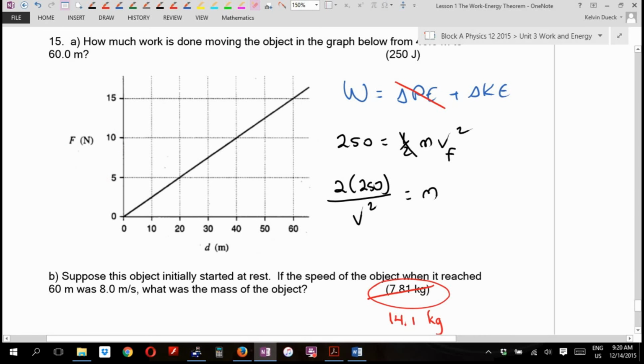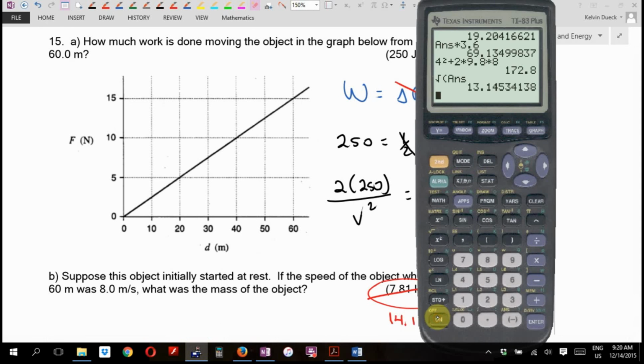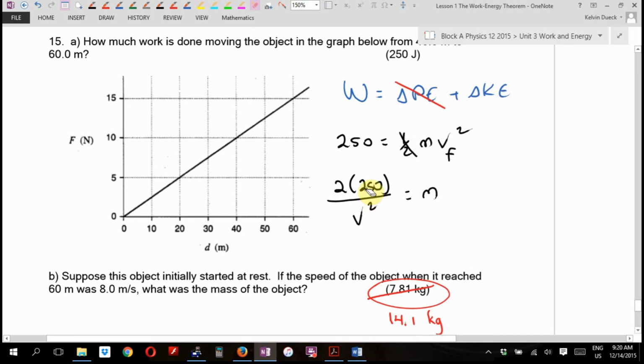I'll look over your shoulder in a bit. Also, doesn't that get the answer that you crossed out? I don't know, let me see. Oh, you know why? Because we actually have to use the whole area, not the 250. So the whole area is going to be base times height divided by 2.